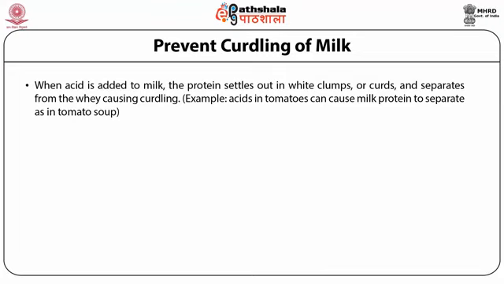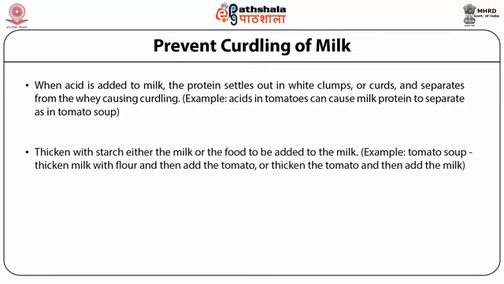To avoid curdling or clumping of milk, we must use fresh milk because fresh milk has a neutral pH while aged milk has a slightly acidic pH which easily curdles. The second thing we have to follow is to thicken it with some starch. Thickening of milk with starch prevents its curdling.